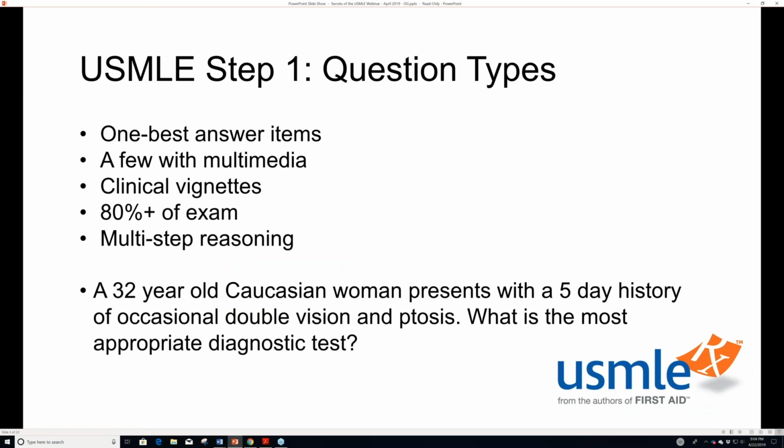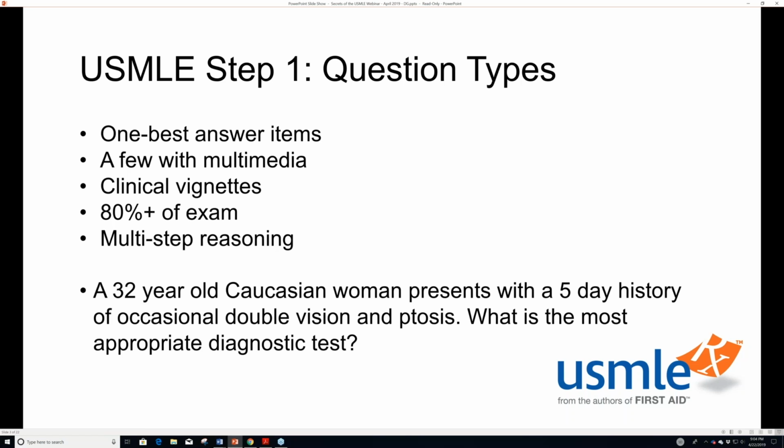As you may be aware, the USMLE Step 1 is made up of single best answer question items. That means you'll get a question and 4 to 5 to 6, maybe occasionally 7 distractors or choices to choose from, and you are looking for the single best answer. Sometimes there are answers that may be partially correct, but what you're always looking for is the best correct answer.